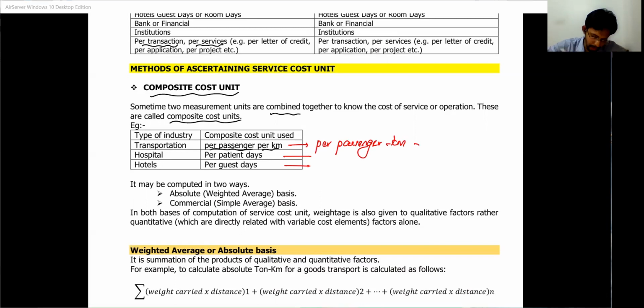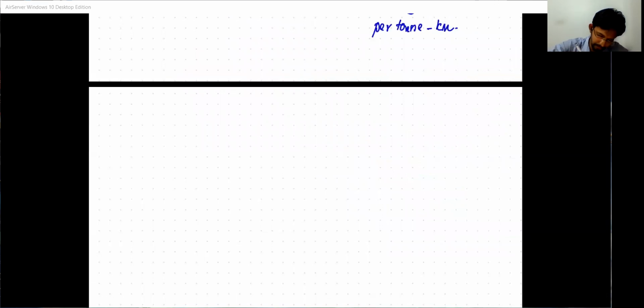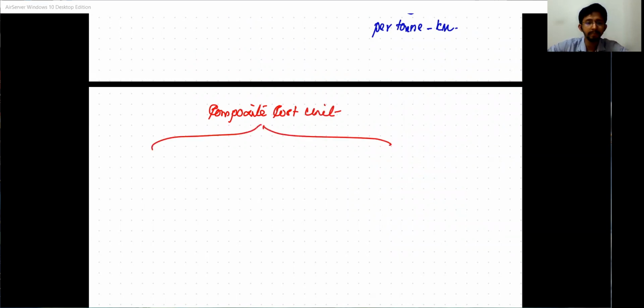Now, the computation of composite cost unit. The composite cost units may be computed in two ways. One is the absolute or weighted average basis.